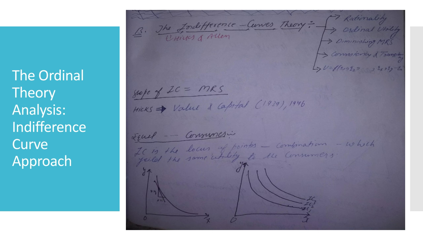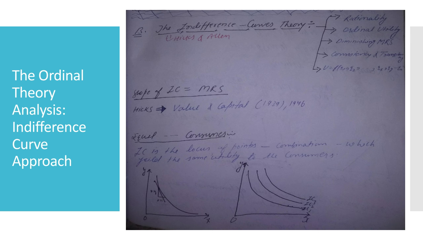If, for example, our satisfaction level or preferences are ordered or ranked in an indifference curve, then we also know that indifference curves are usually convex in nature, and the slope of the indifference curve also shows us the marginal rate of substitution.